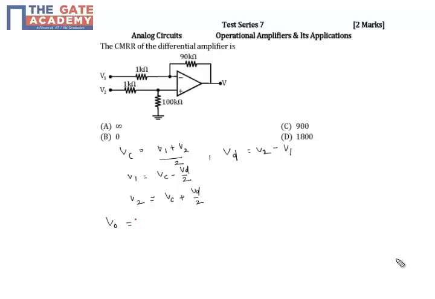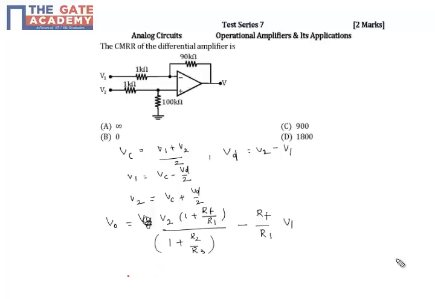So V0 is equal to V2 into (1 plus Rf by R1) divided by (1 plus R2 by R3), minus Rf by R1 into V1.